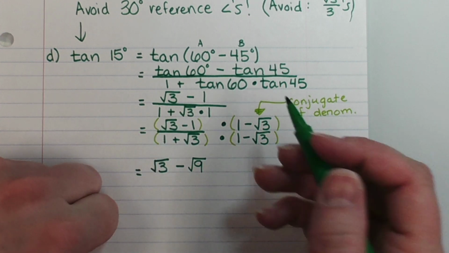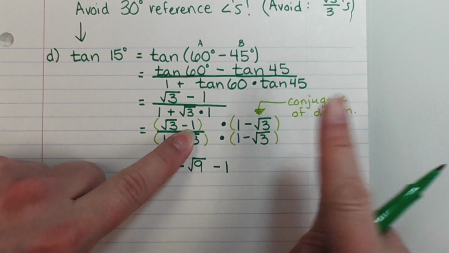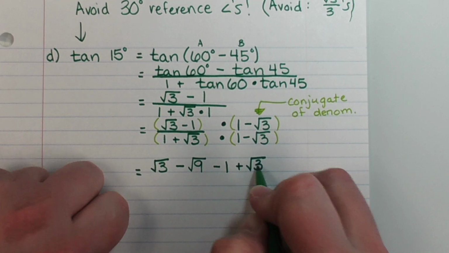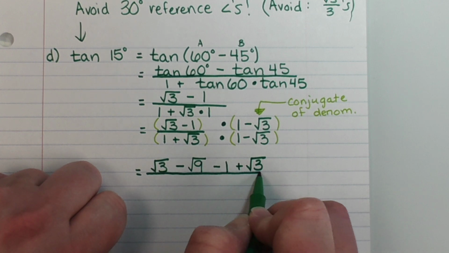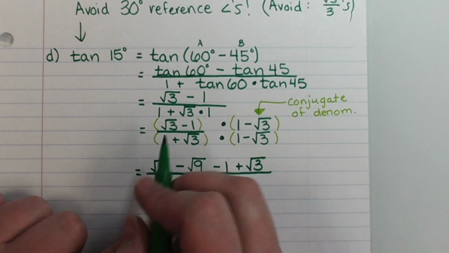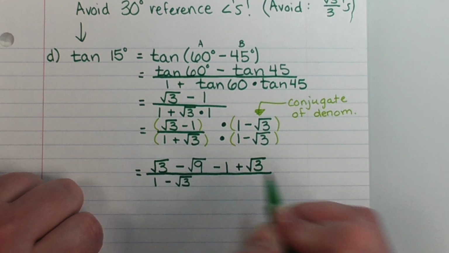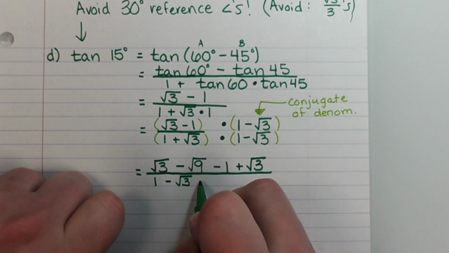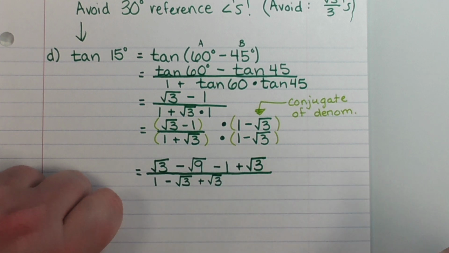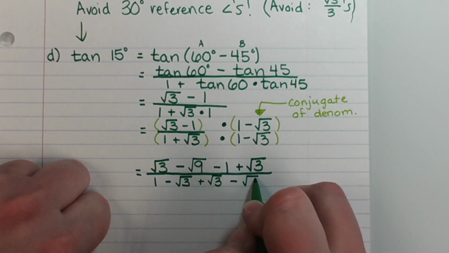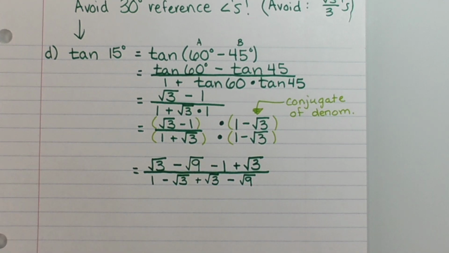Negative 1 times 1. Negative 1. Negative 1 times negative square root of 3. Positive square root of 3. All over. 1 times 1. 1 times negative square root of 3. Negative square root of 3. Square root of 3 times 1. Positive square root of 3. Square root of 3 times negative square root of 3. Negative square root of 9.